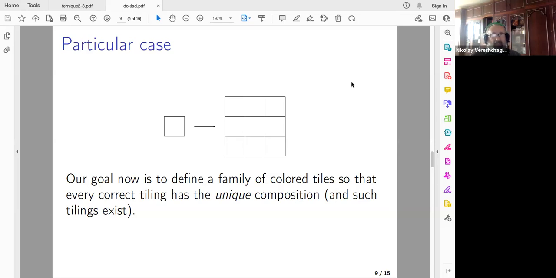So this produces a non-periodic family of tilings, and such families are well known. For example, we can use the Robinson construction, but we will use another construction which can be generalized for a large class of substitutions. That's why it is interesting.